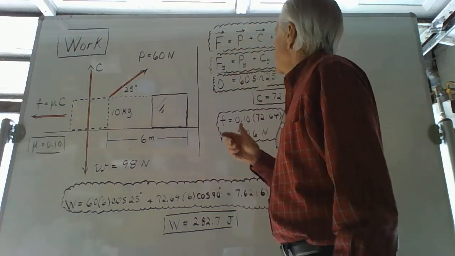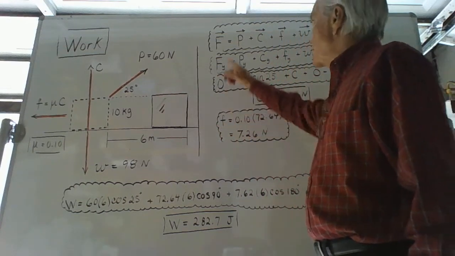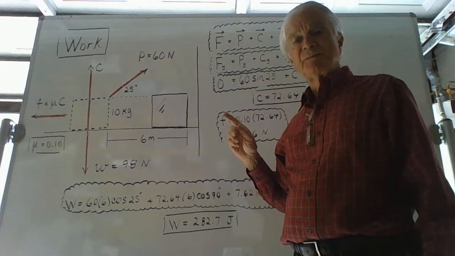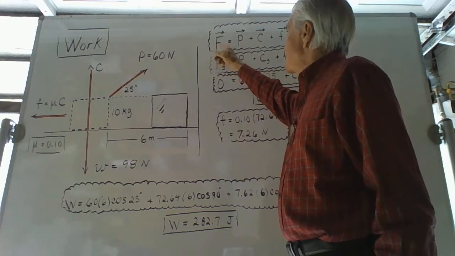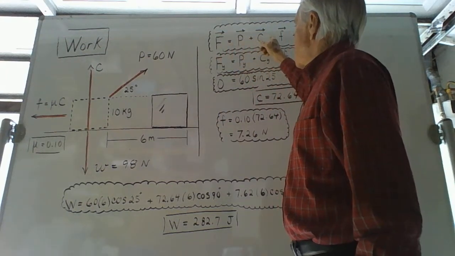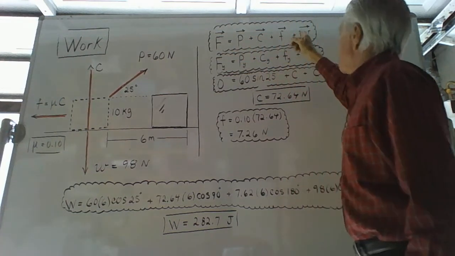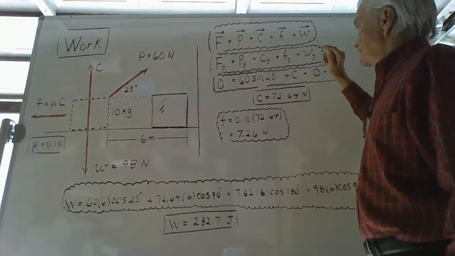We will first note that the force in question, the total force acting on our object, is the vector F, the sum of the 4 different vectors, P vector, C vector, F vector, W weight vector.